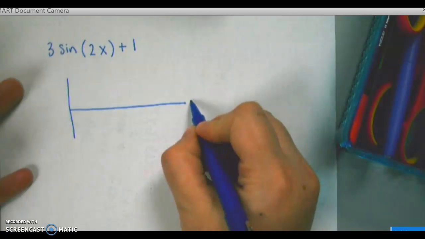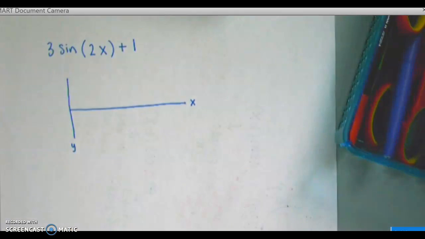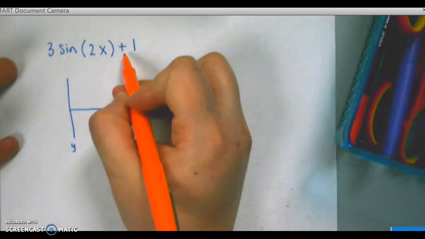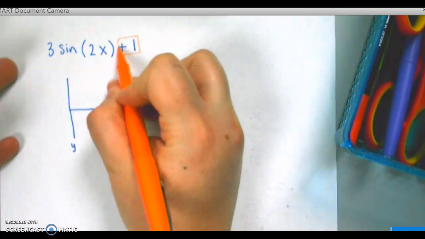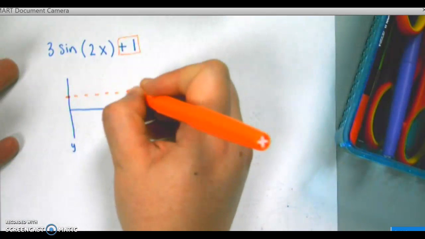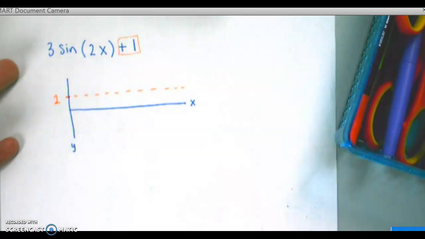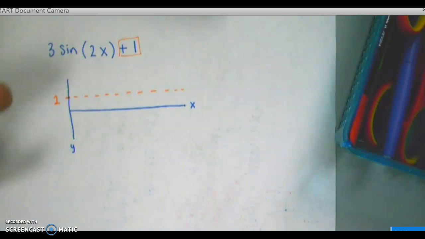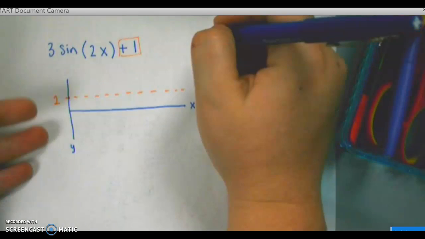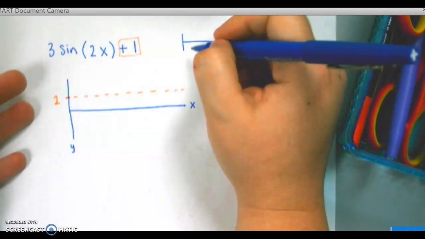So here's my normal graph. Here's my x-axis. When I'm graphing these, the first thing that I do is look at my midline. So I can tell this plus 1 is going to shift my graph up 1. The next thing that I'm going to do, I always do a little sketch off to the side of what my wave is supposed to look like.